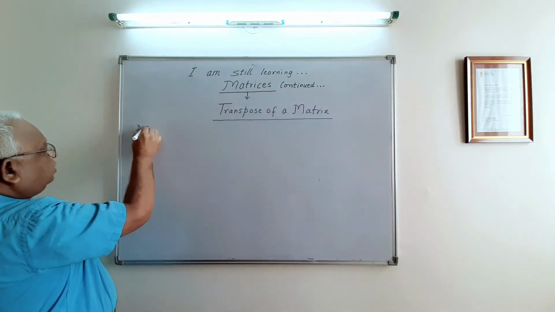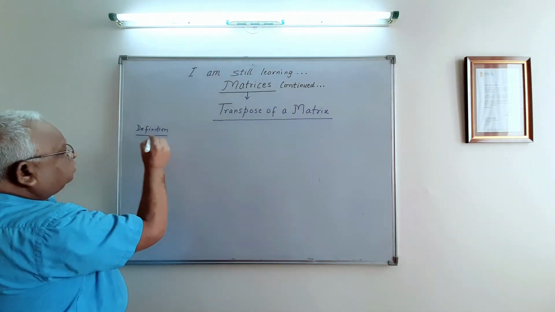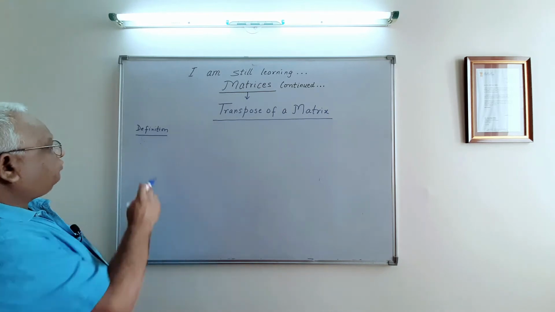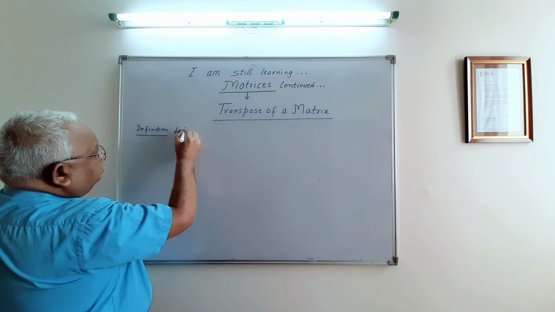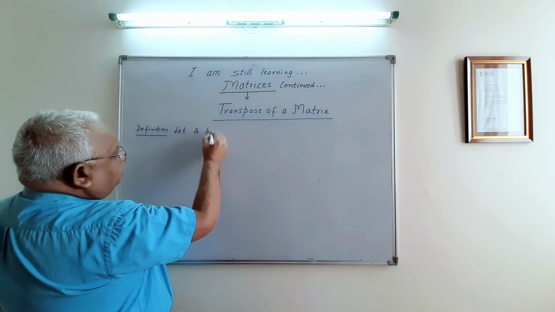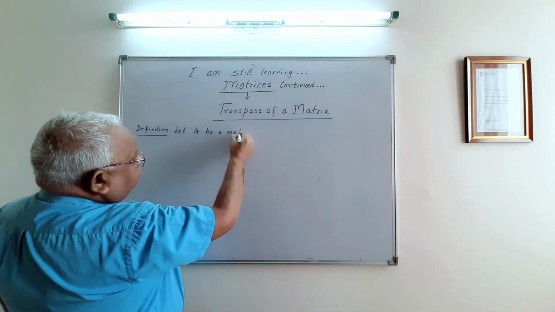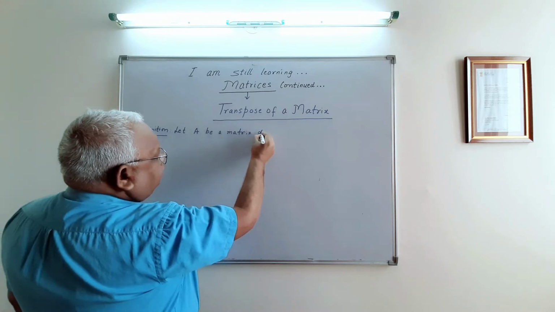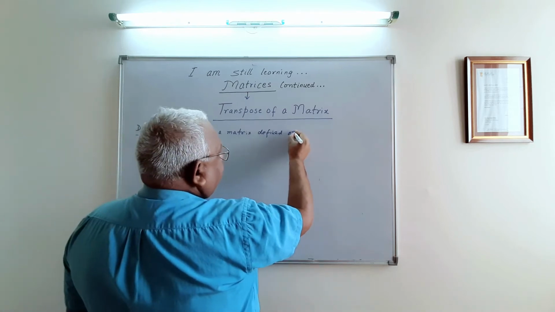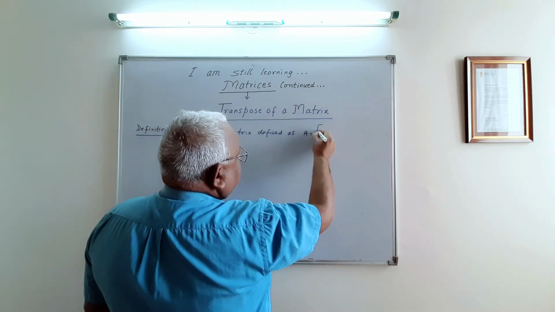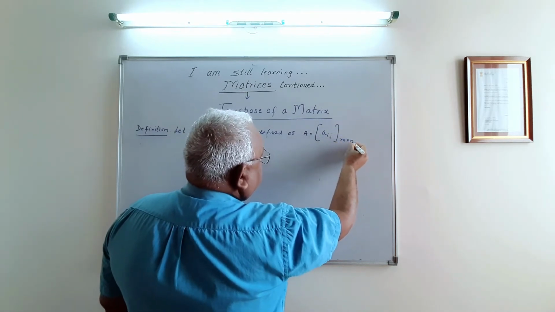So let me first define the definition of this. Let A be a matrix defined as A is equal to Aij of order m cross n.